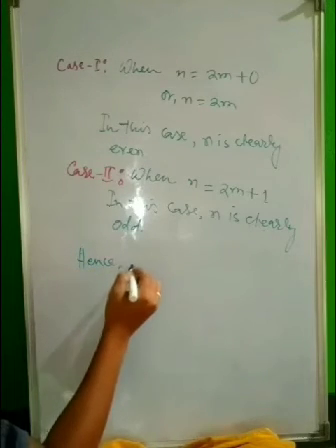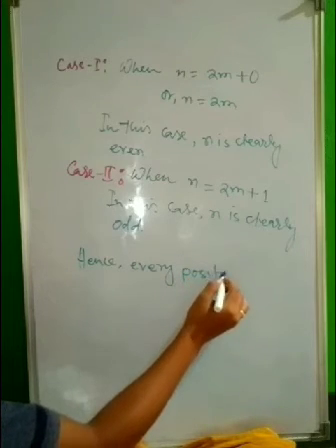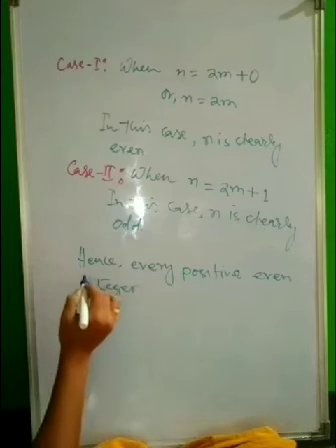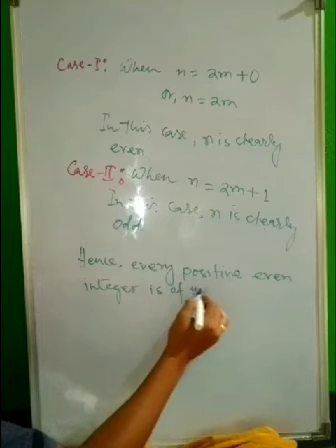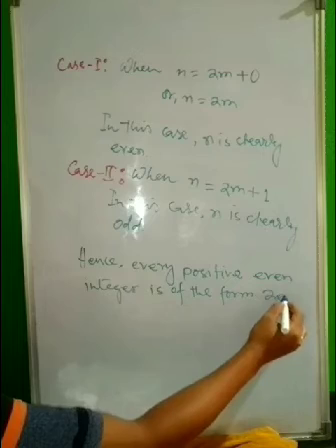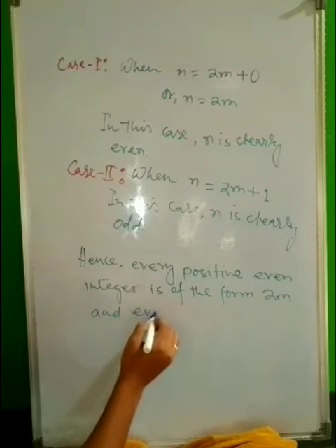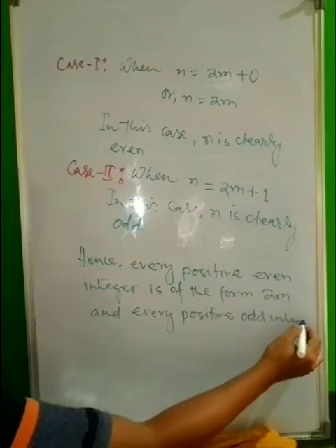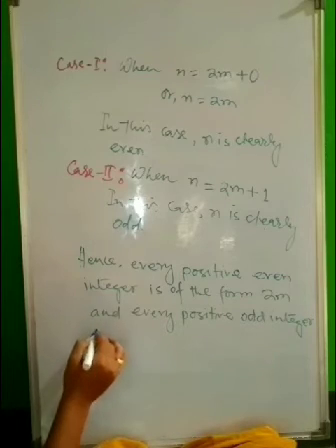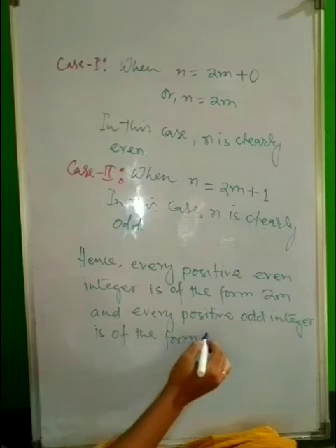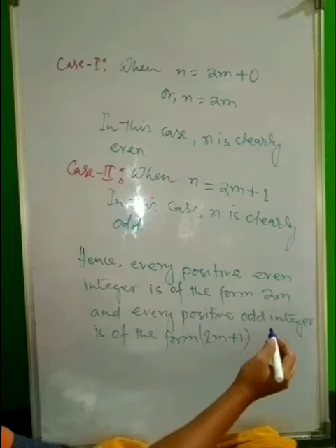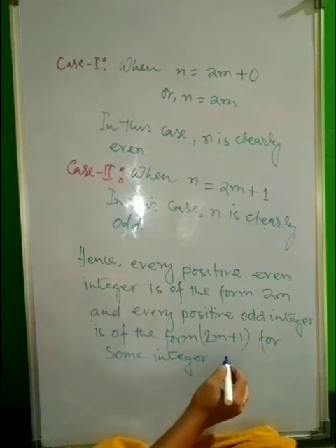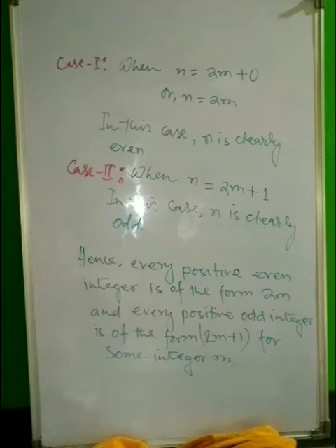Hence, every positive even integer is of the form 2m and every positive odd integer is of the form 2m plus 1 for some integer m. Here is your conclusion and the complete solution of this question.